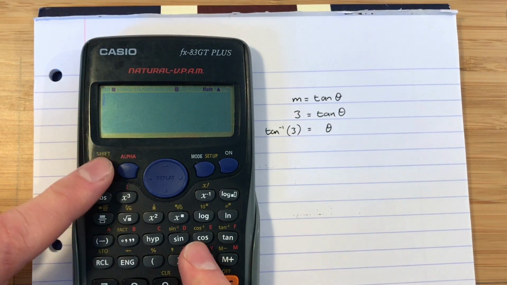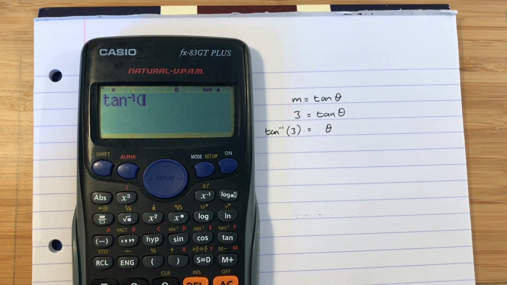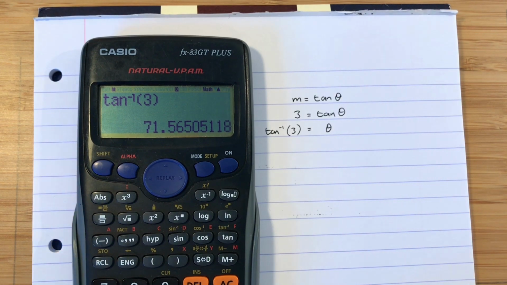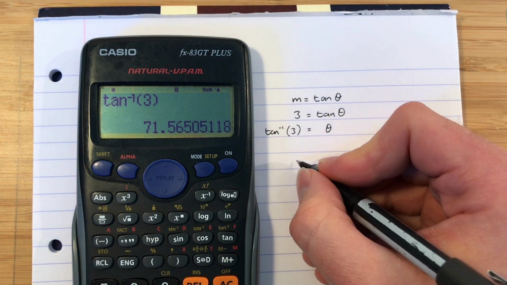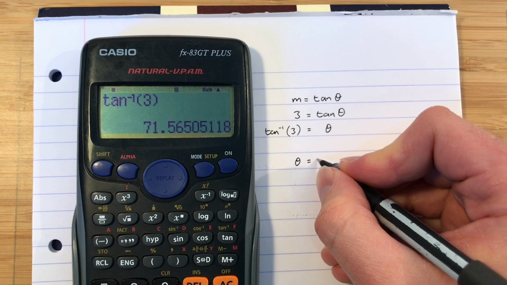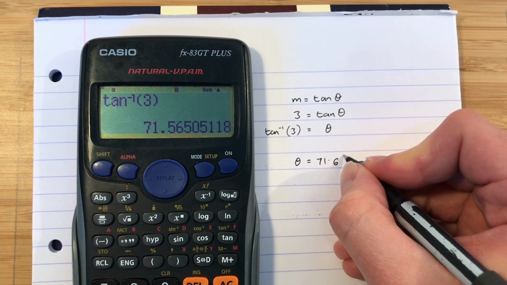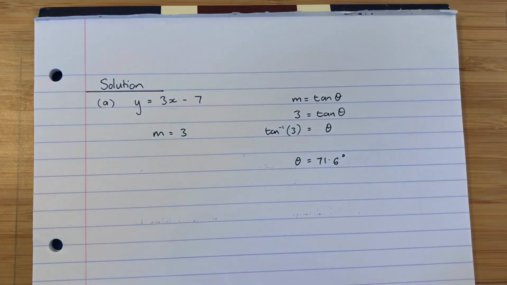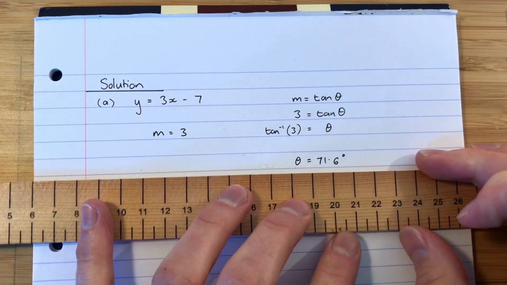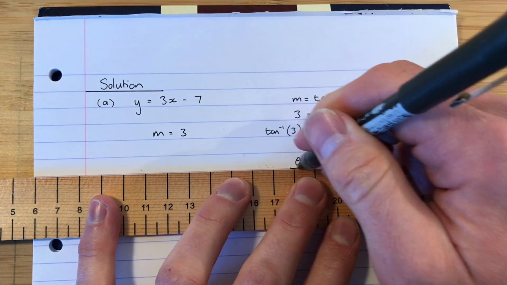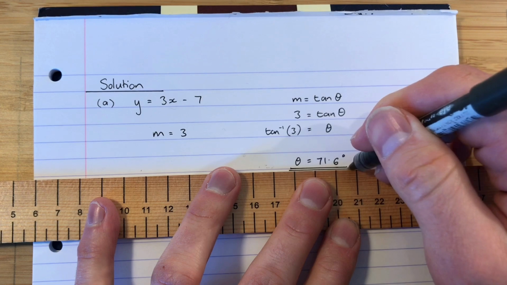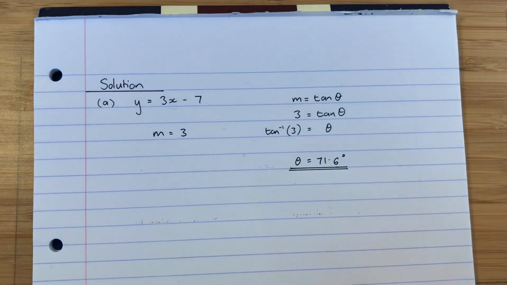And then I simply type that into my calculator, shift tan of 3. And theta works out to be 71.6 degrees. Okay, so nice and straightforward. It was just the inverse tan of 3.